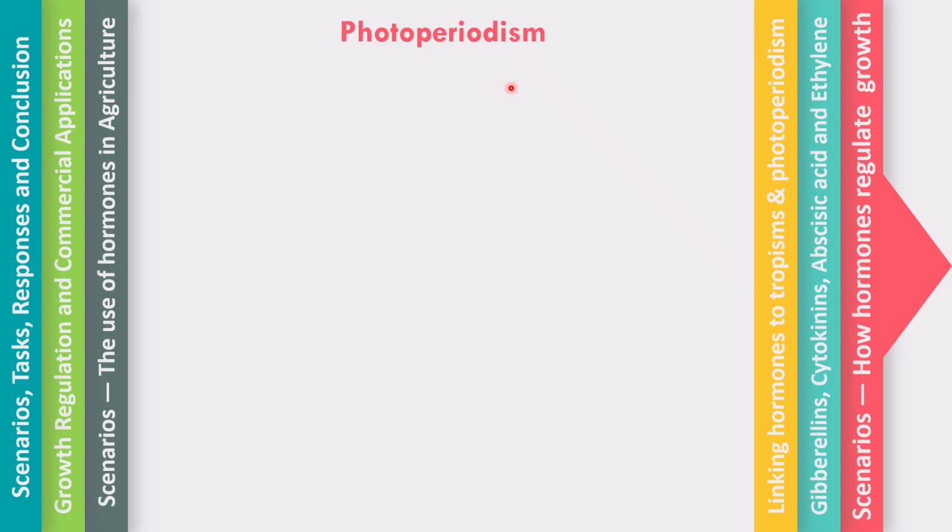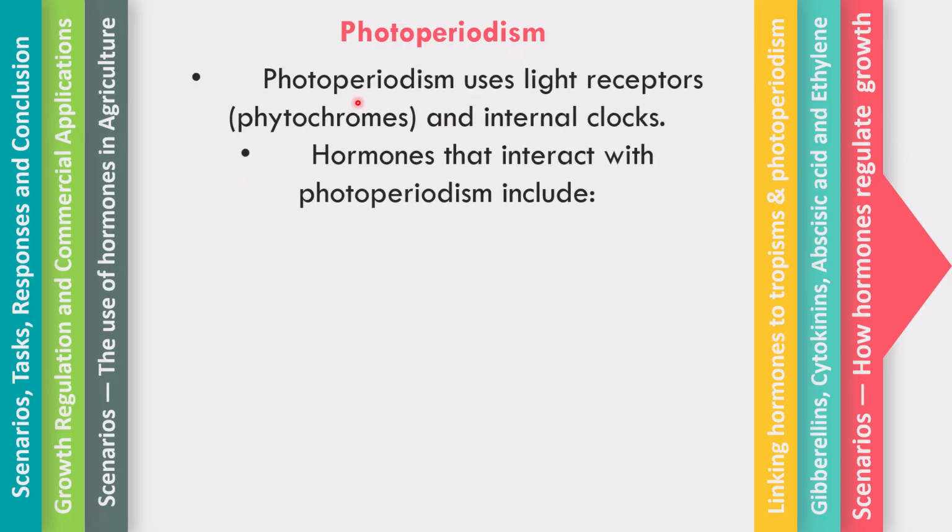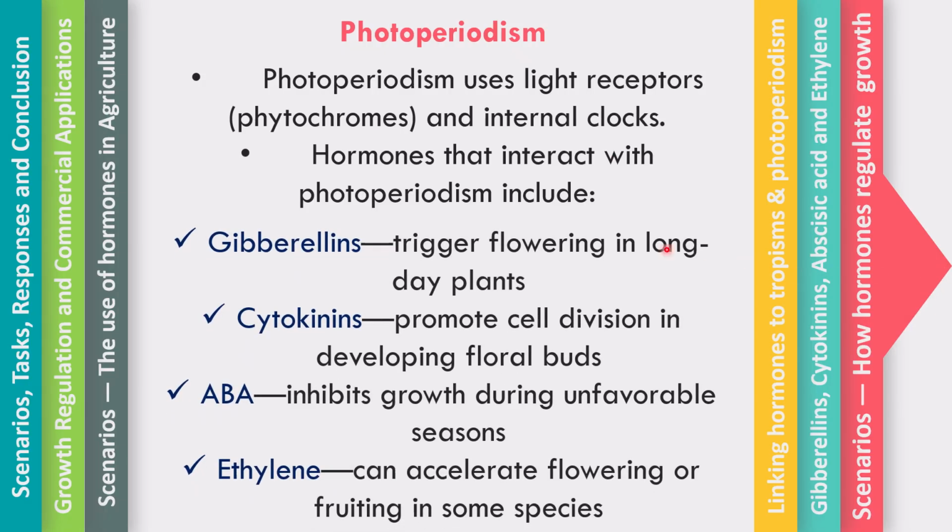In photoperiodism, photoperiodism uses light receptors, the phytochromes, and internal clocks. Hormones that interact with photoperiodism include gibberellins, which trigger flowering in long day plants.